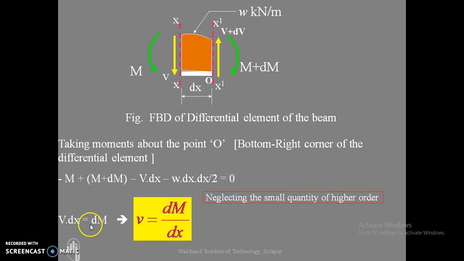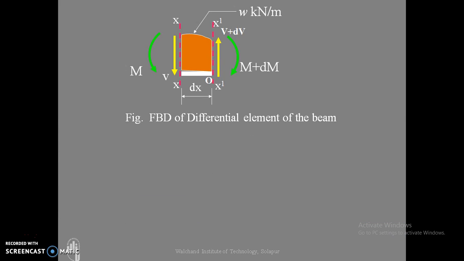So this reduces to V equal to dM by dx, which indicates that the shear force is the rate of change of the bending moment diagram. In other words, the slope of the bending moment diagram is the shear force. So this is the relationship between the bending moment and shear force.